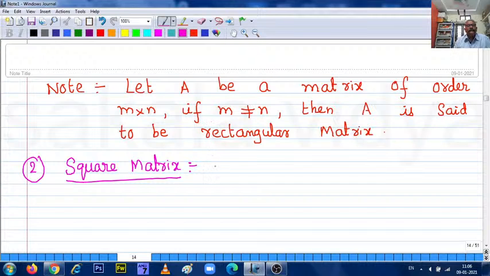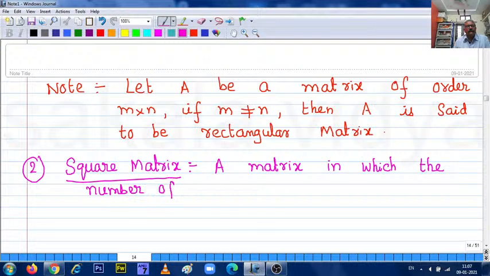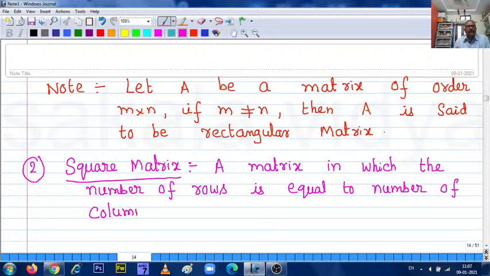A matrix in which the number of rows is equal to the number of columns is called a square matrix.